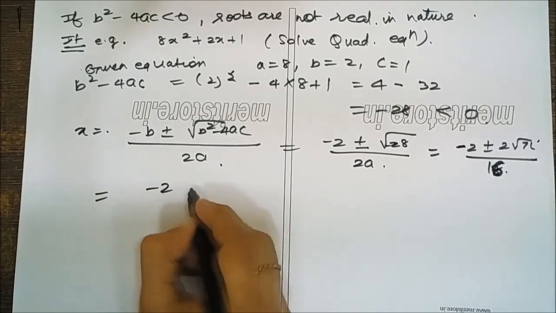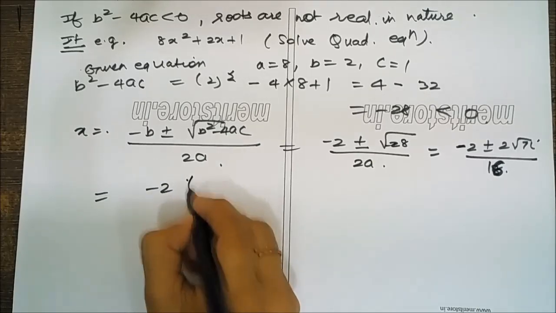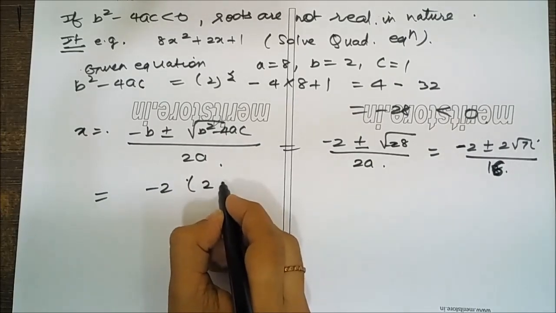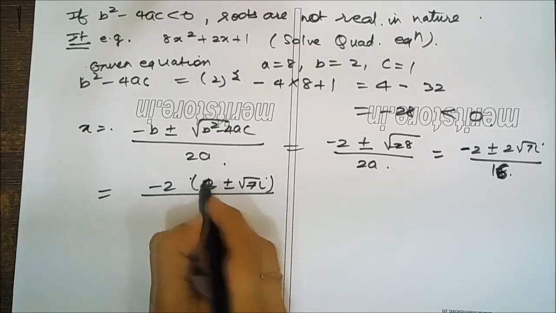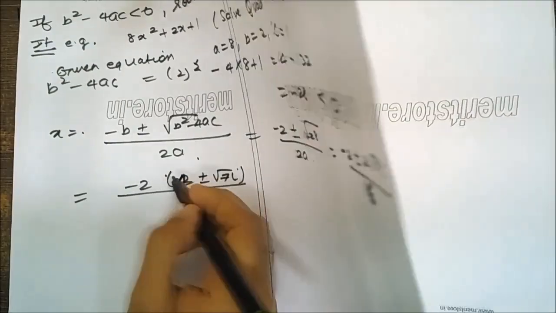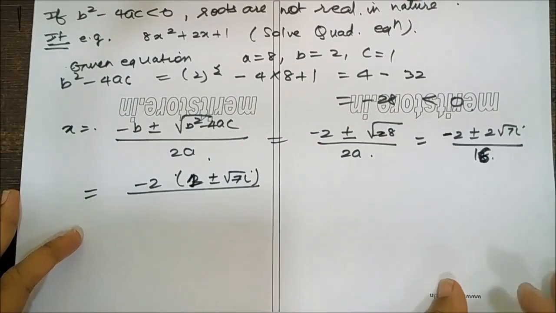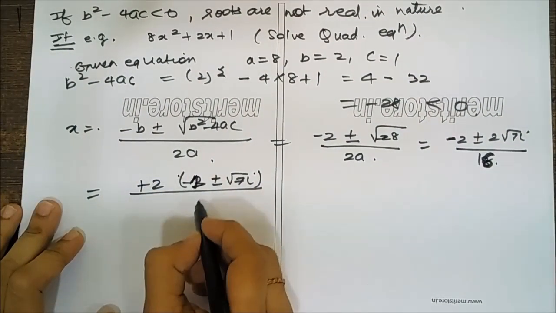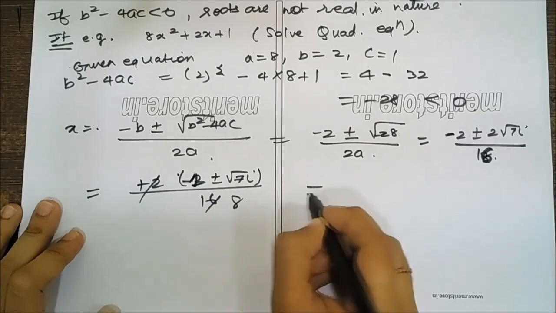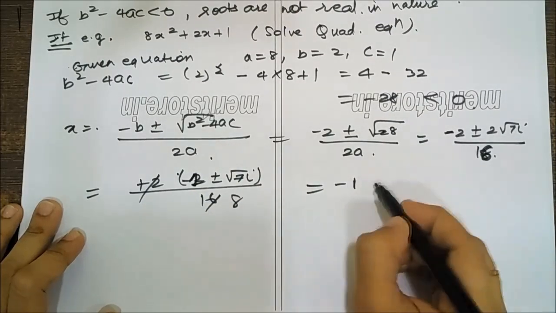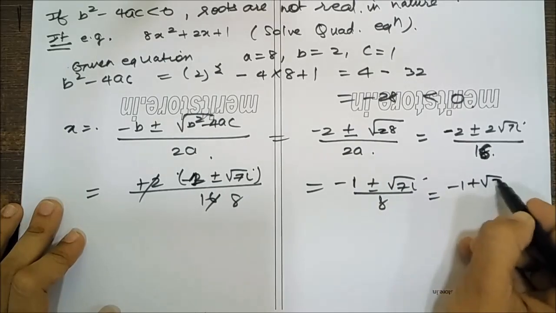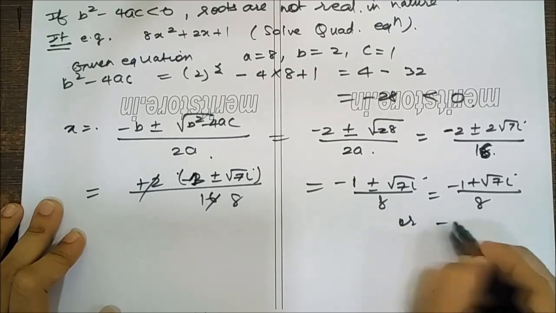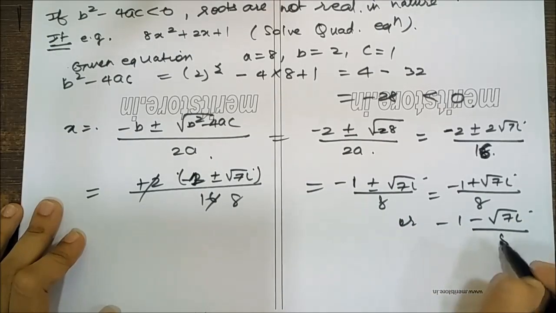Taking 2 common, you get minus 1 plus minus root 7i upon 8. So minus 1 plus root 7i upon 8 or minus 1 minus root 7i upon 8.